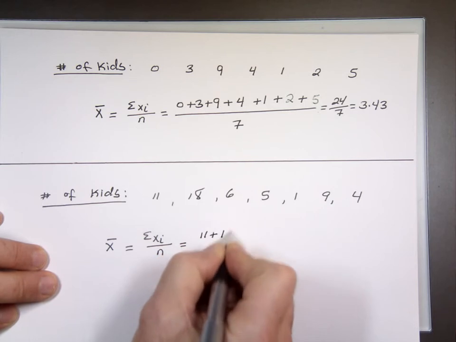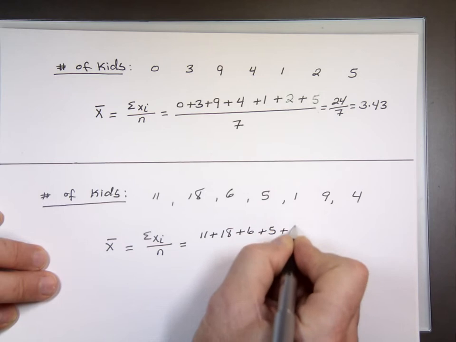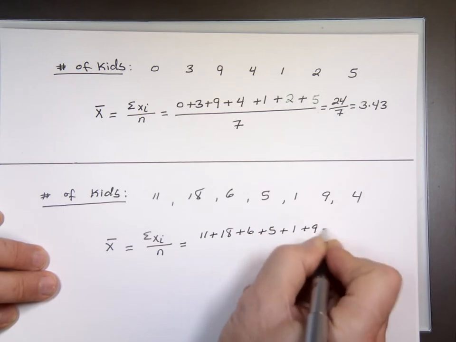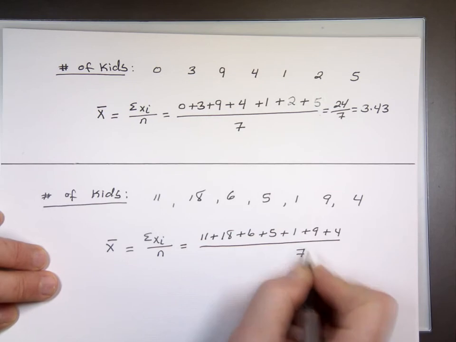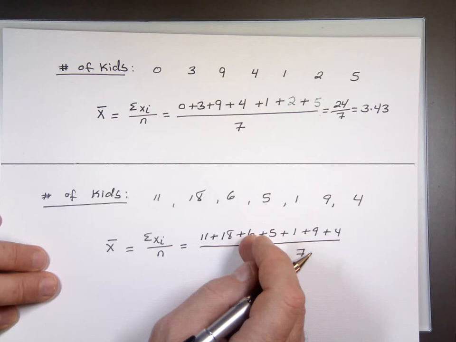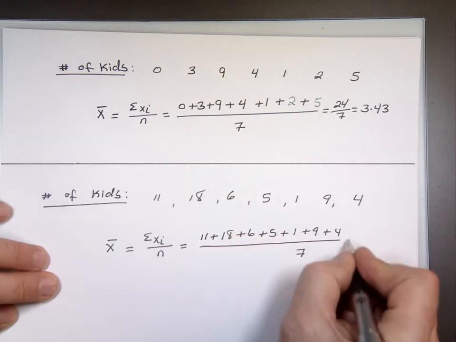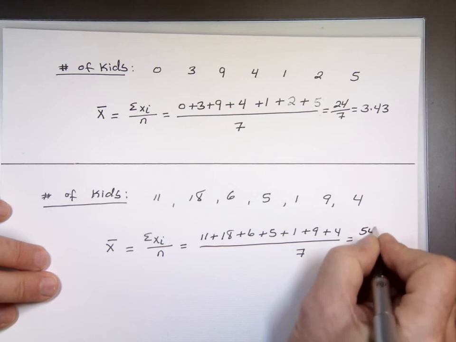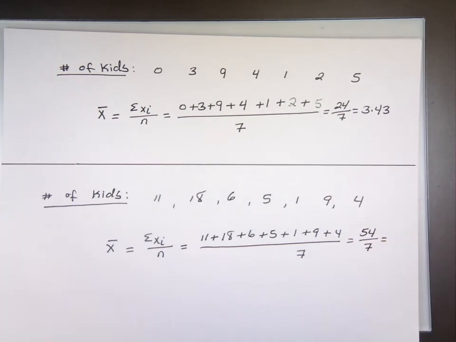11 plus 18 plus 6 plus 5 plus 1 plus 9 plus 4 divided by 7. Same sample size. 14, 19, 25, 35, 43, 53, 54. So 54 divided by 7, and you have 7.71.